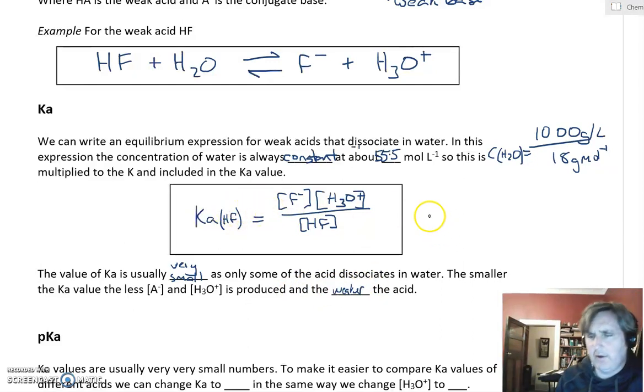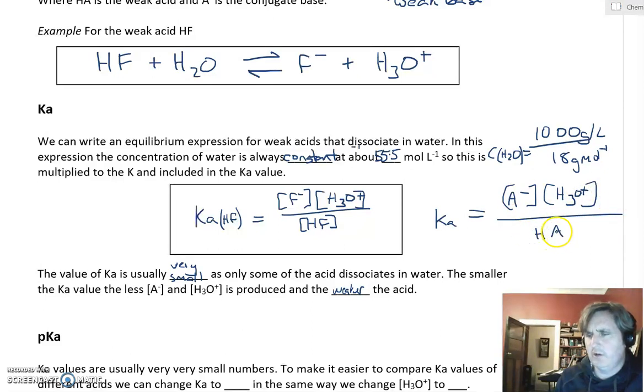Sorry, on the side here I could have just drawn a generic one, which would be the concentration of A minus times the hydronium ion concentration over the concentration of the generic weak acid, which is HA.